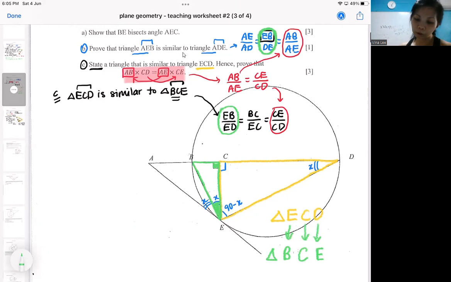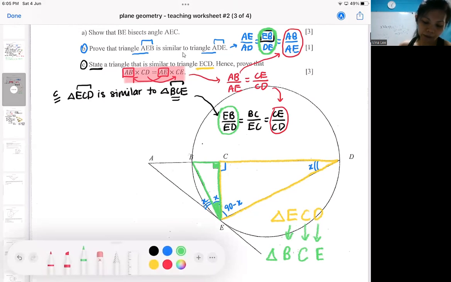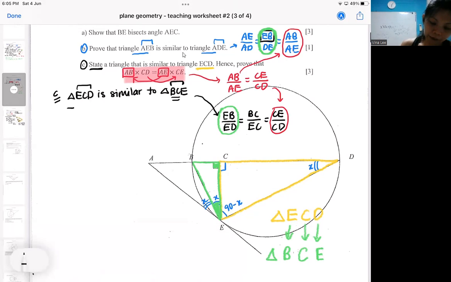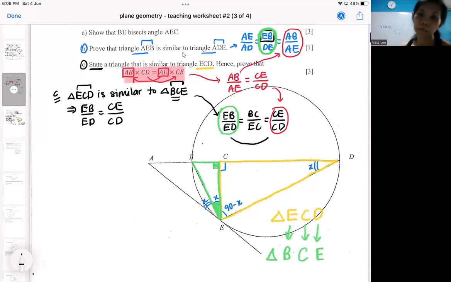So we're going to piece them together. How am I going to piece them together? From this pair, I'm going to write out these two. From the pair that I stated, I'm going to write out the 2 ratio. And from part B, I'm going to write out another ratio, these 2 ratio.